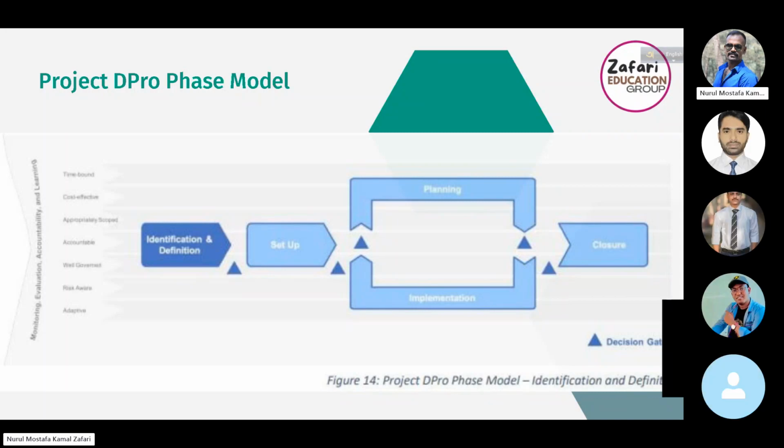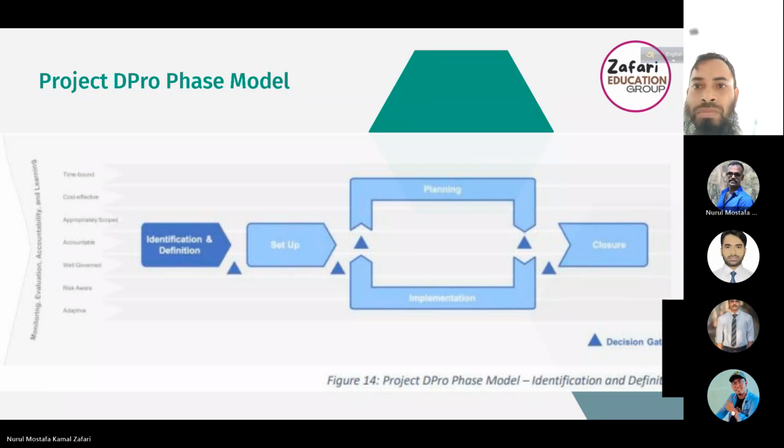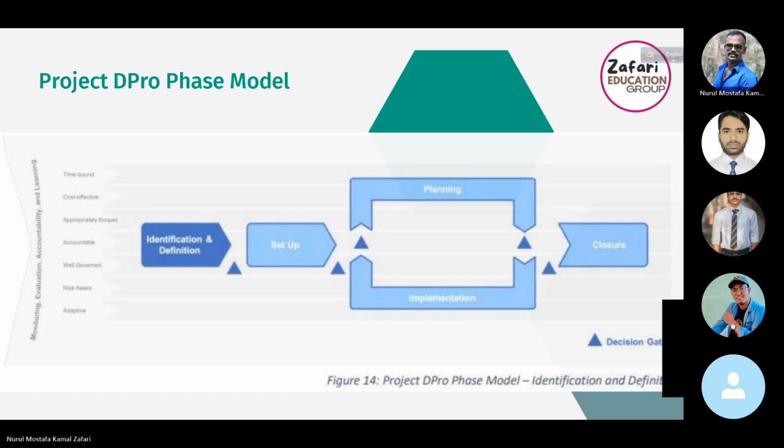So when we talk about the project identification and definition phase, we have a rationale why we discuss this phase.